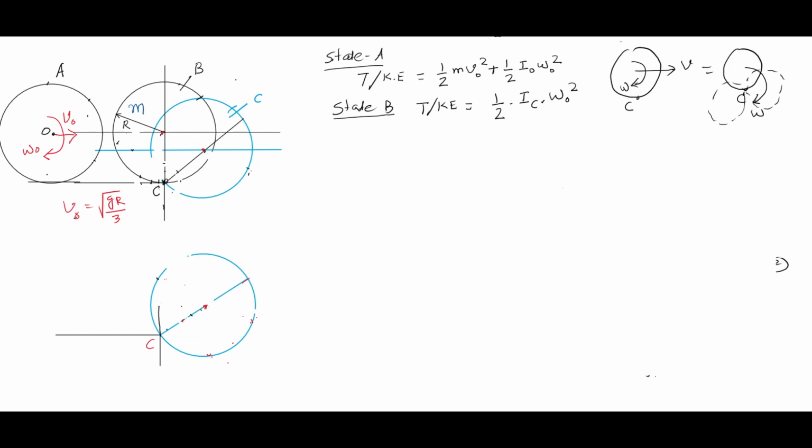In state C, the body has lost height, meaning the center of mass of the disk has gone down to this position, and the velocity of the center of mass has changed to v, and the angular speed about point C is omega.